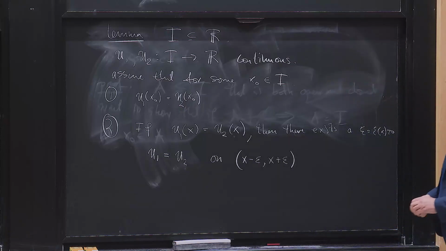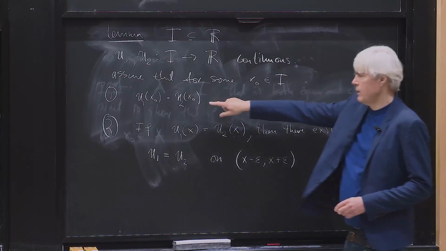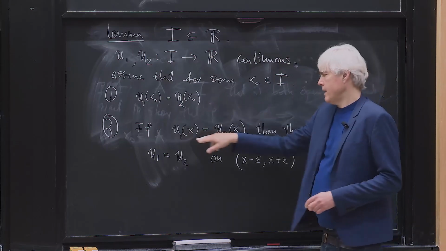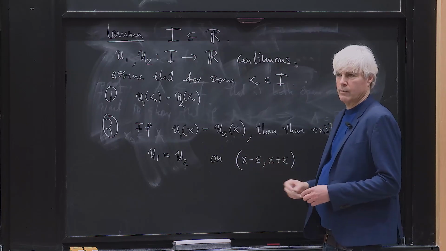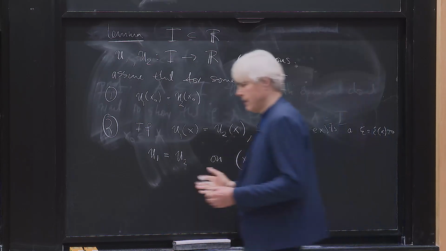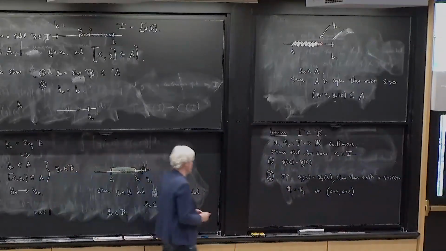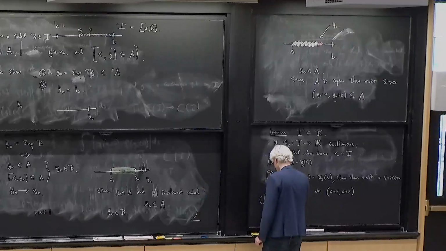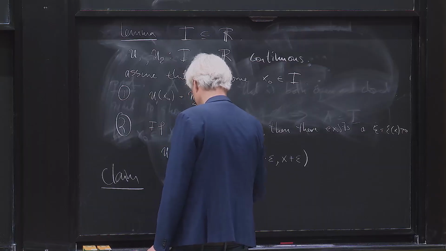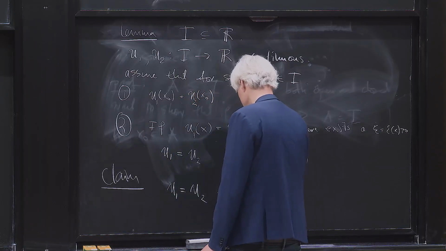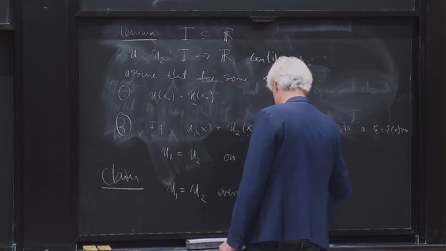So you have two continuous functions on an interval. They agree at one point, and if they agree at any point in this interval, then they agree on a little neighborhood of that point. The neighborhood may depend on the point. The claim is that u1 is actually equal to u2 everywhere in the interval where they're defined.